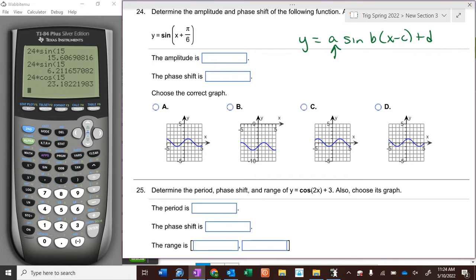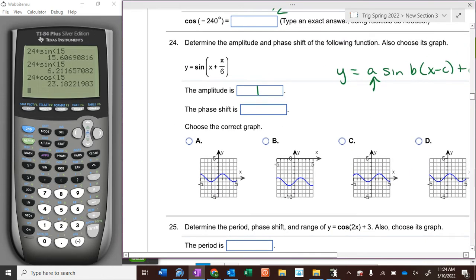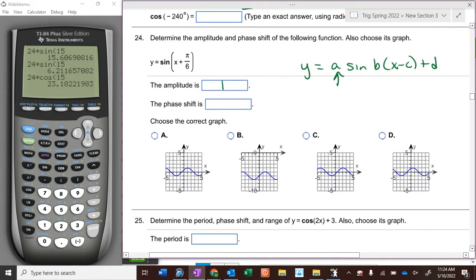What's the amplitude on this problem? 1. The phase shift is C. So what's the phase shift on this? It's negative pi over 6. It's left pi over 6, so it would be officially negative pi over 6.